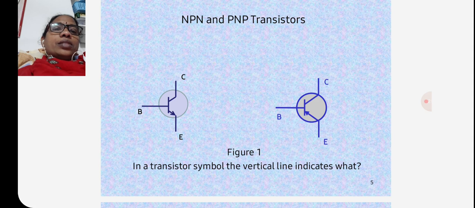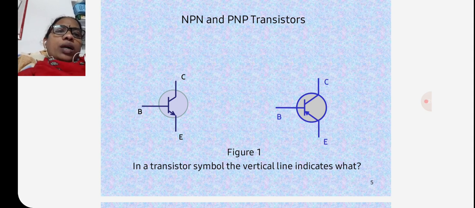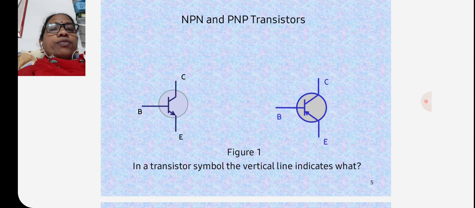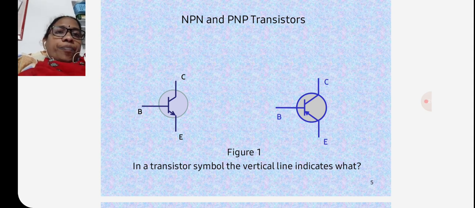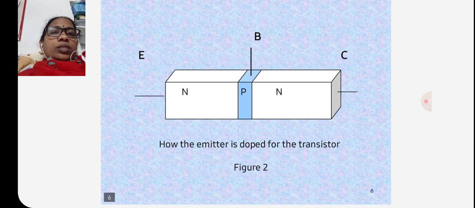In a transistor symbol, the vertical line indicates the base, and the arrow mark shows the direction of current flow. This is the NPN transistor diagram.